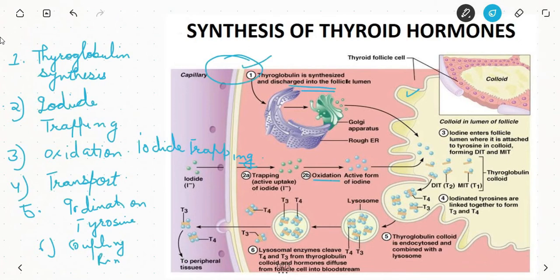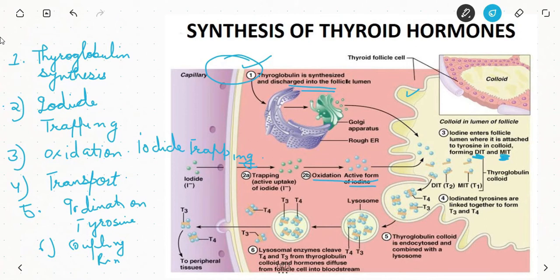Oxidation of iodide. The iodide must be oxidized to elementary iodine because only iodine is capable of combining with tyrosine to form the thyroid molecule. So the iodine enters the follicle lumen where it is attached to tyrosine in the colloid, forming diiodotyrosine and monoiodotyrosine.